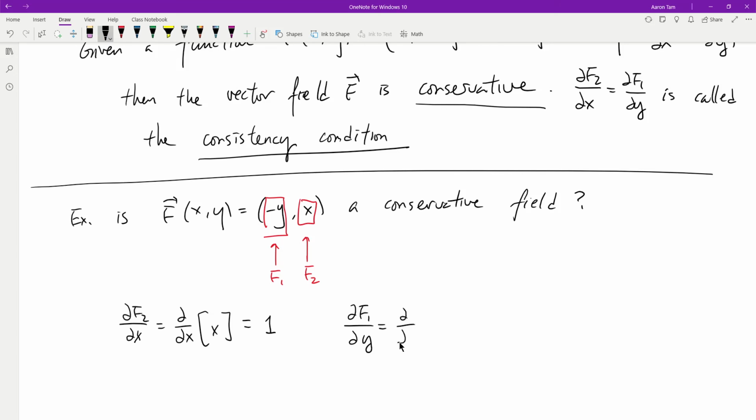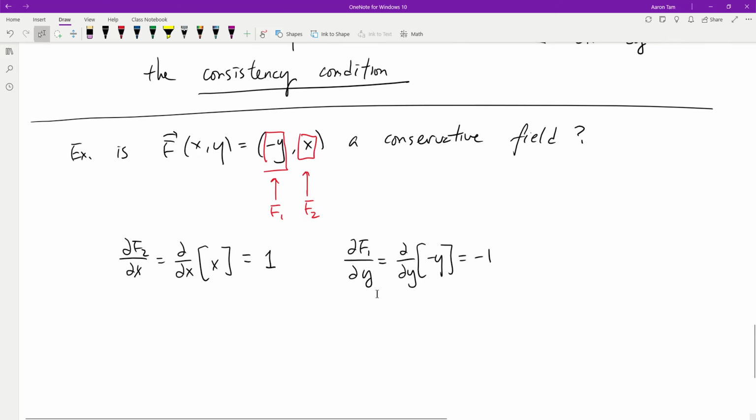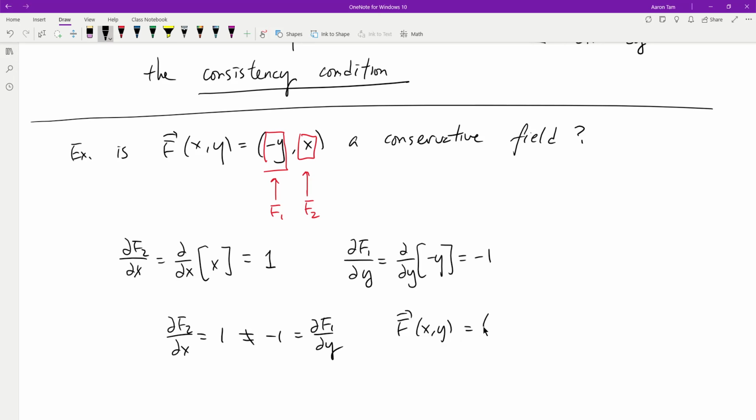So that's d over dy of negative y, which comes out to be negative 1. So now we have a result. So df2 over dx equals 1, which is not the same as negative 1, which is equal to df1 over dy. So therefore, in this case, the consistency condition is not met. So therefore, vector f of x, y equal to negative y, x is not conservative.